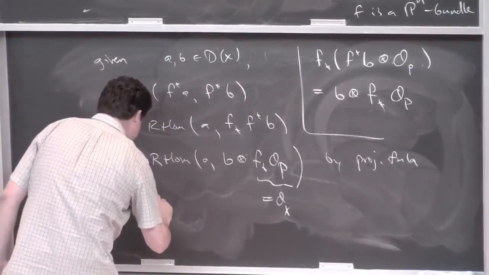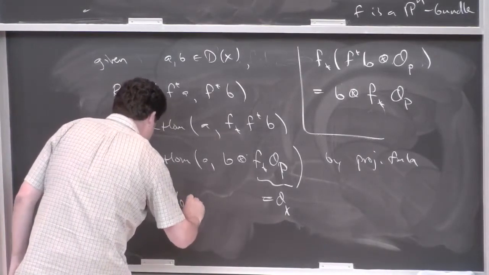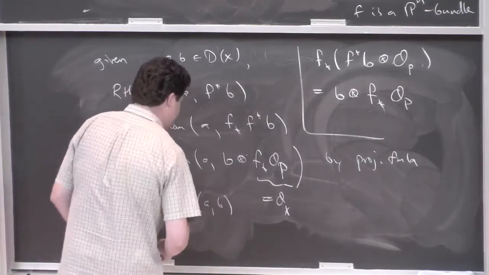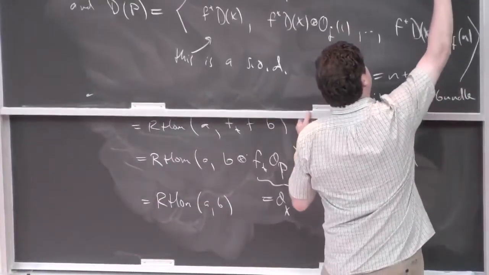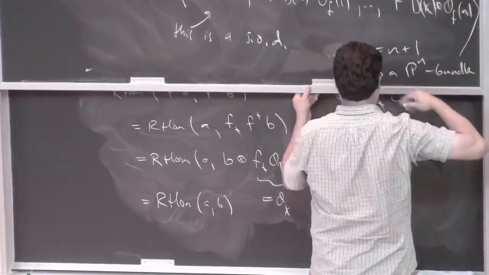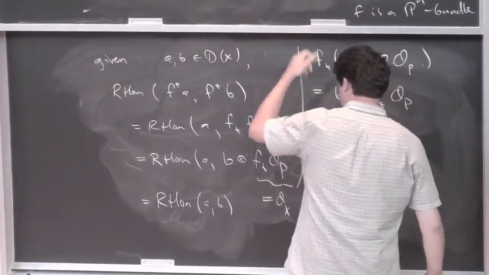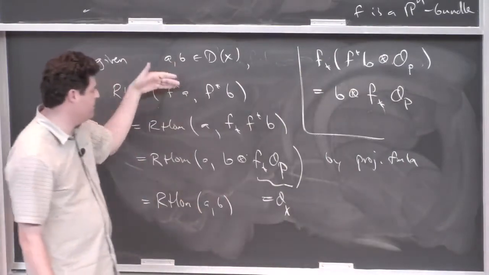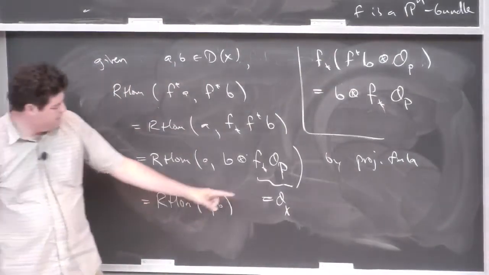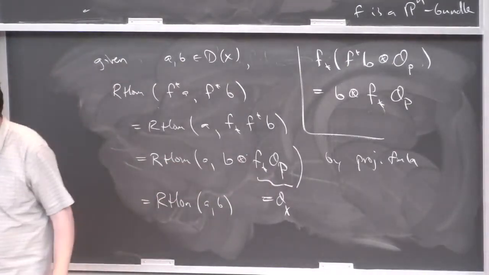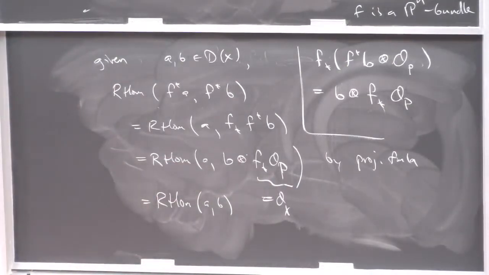So that gives that this is fully faithful. I guess really we should say that the natural map gives you an isomorphism, and that amounts to saying that the natural map from OX to this thing is an isomorphism, and that's true.